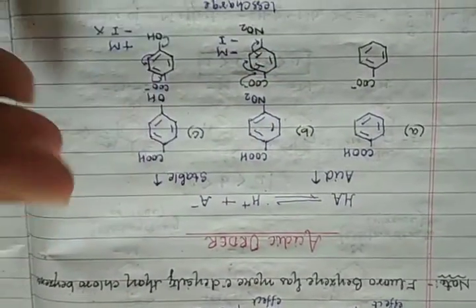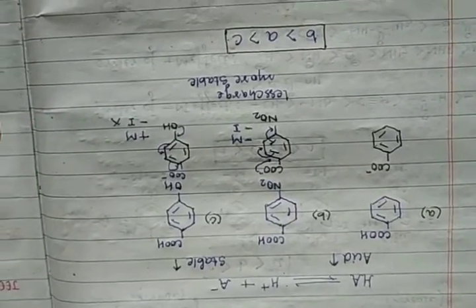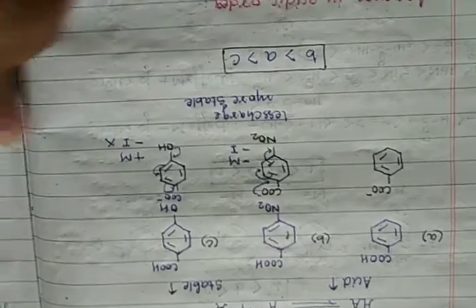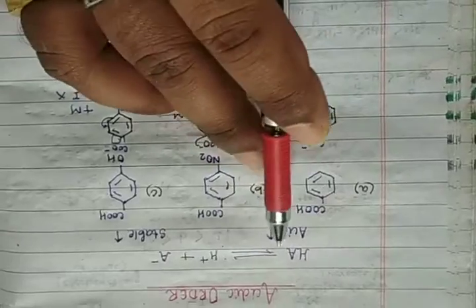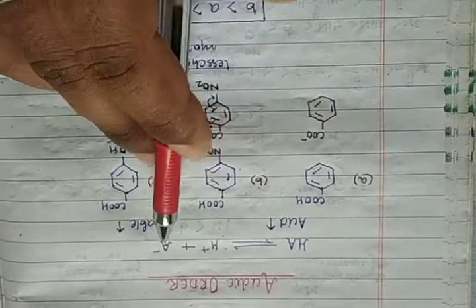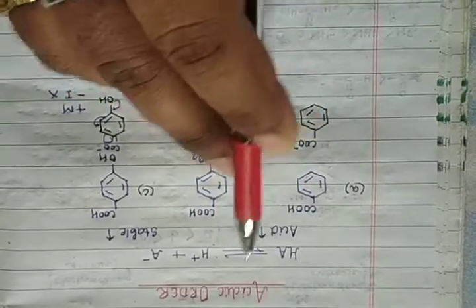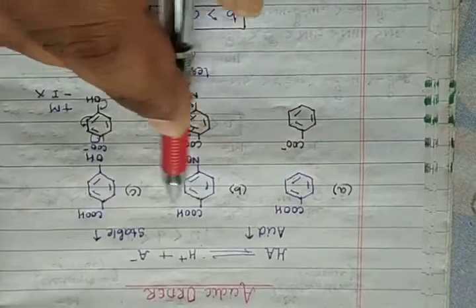Now for acidic order, you know the order is different. First you check minus M, then minus I, then plus I, then hyperconjugation, then plus M. Okay, in this case, if A minus is stable, it means the acid is stable. Now there is a different type of formula, COOH, COOH and COOH.